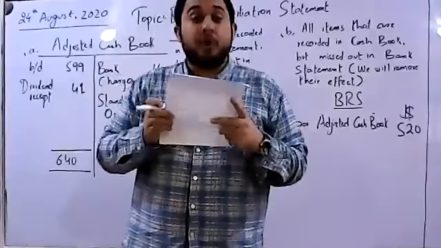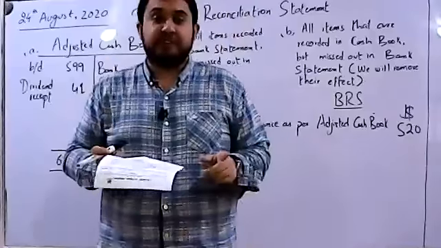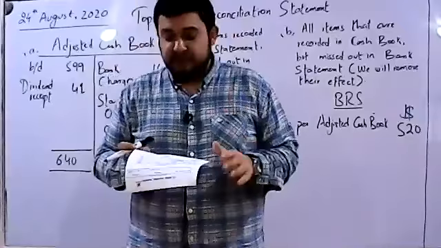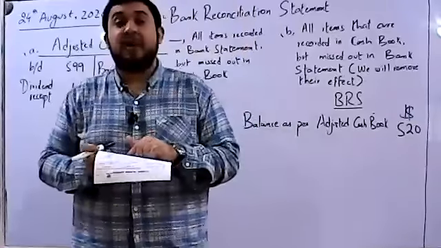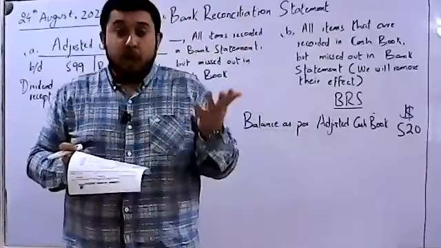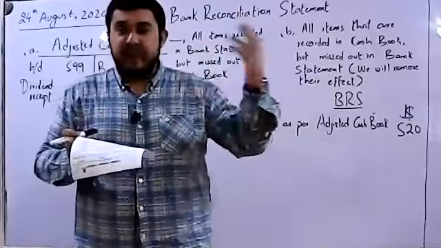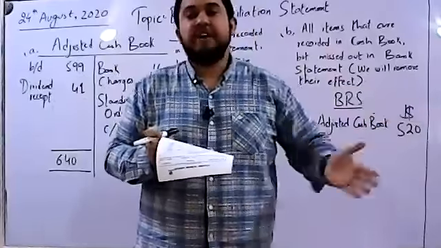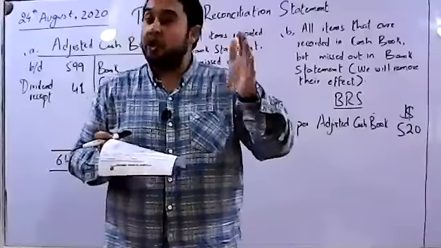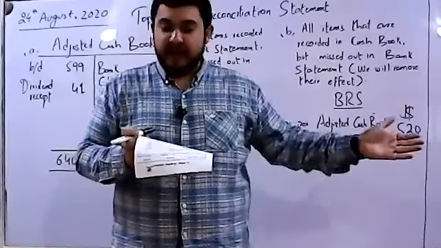And obviously, what is this check? This is an unpresented check that we have deducted from our cash book. How is it an unpresented check? We paid this amount to Zen, we credited our cash book, but Zen has not presented this check into our bank account.